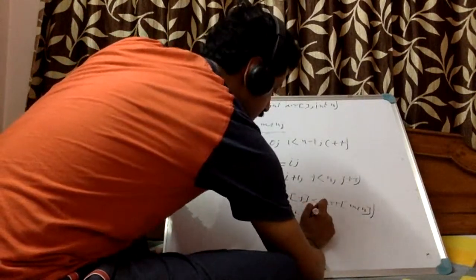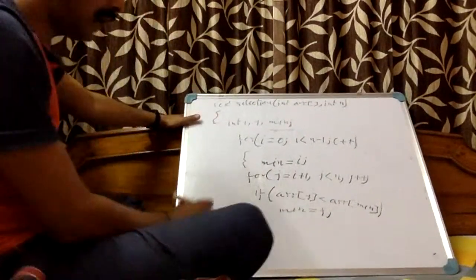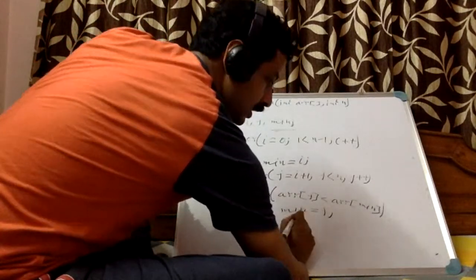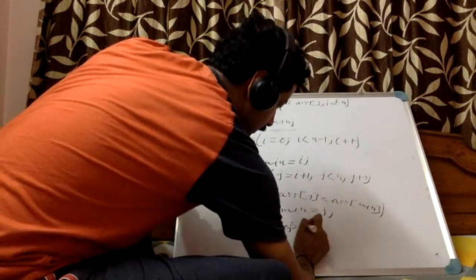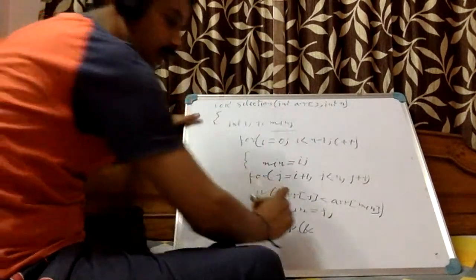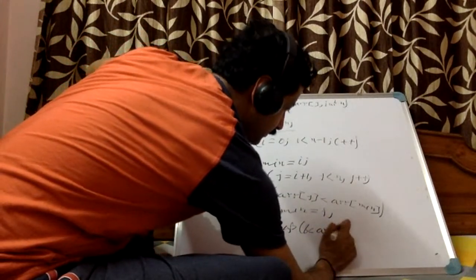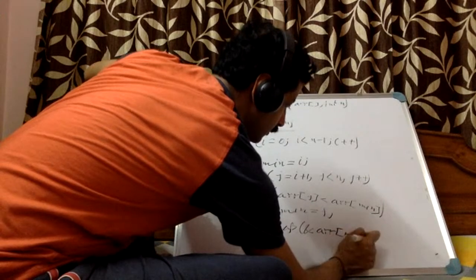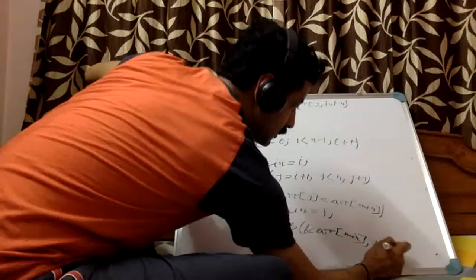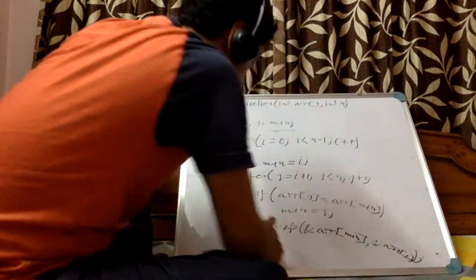Min equal to j. And then I have to apply the same swap function. Swap. I have to swap the minimum value to the first value. So the swap between them, done.